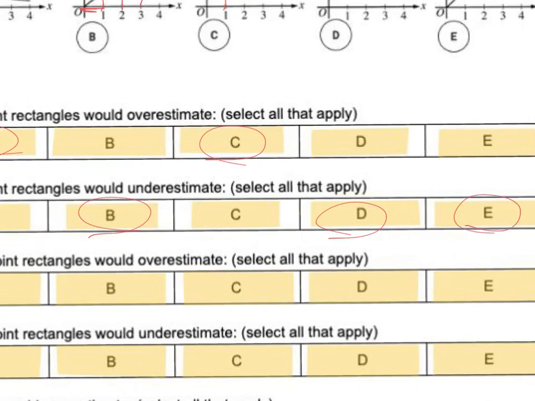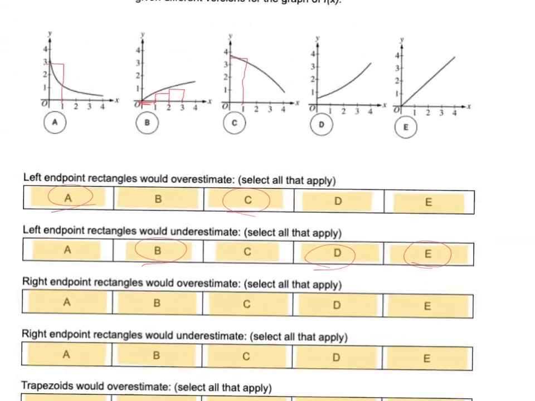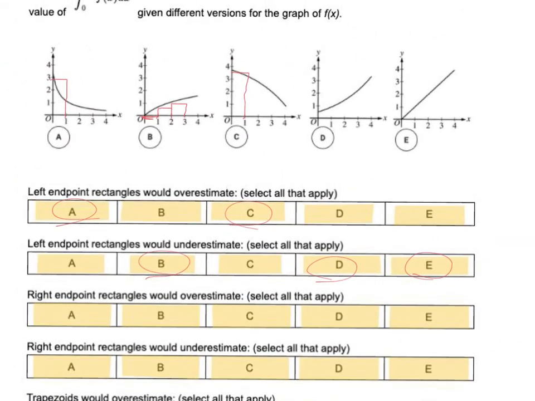And then, of course, right endpoints are just going to be the exact opposite of that. If I were to draw a right endpoint, my right endpoint will underestimate if the function is decreasing and overestimate if the function is increasing.